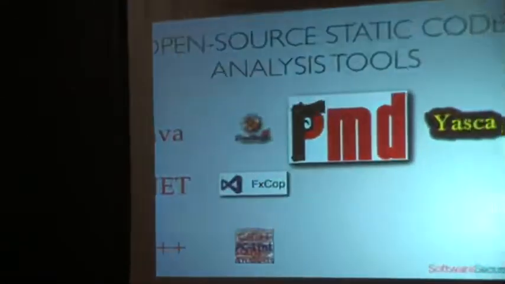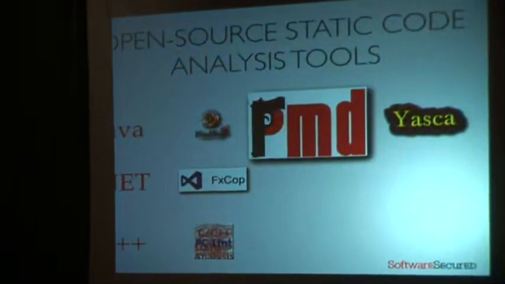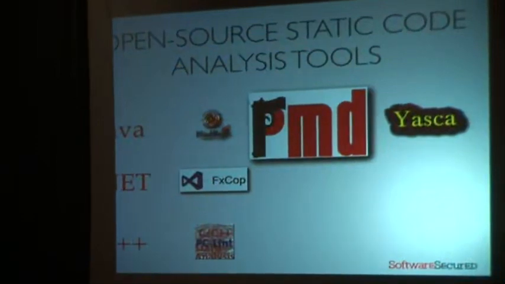So I'm just going to do a quick demo on how you can do your own static code analysis using one of those open source tools to look for dangerous patterns in the code.